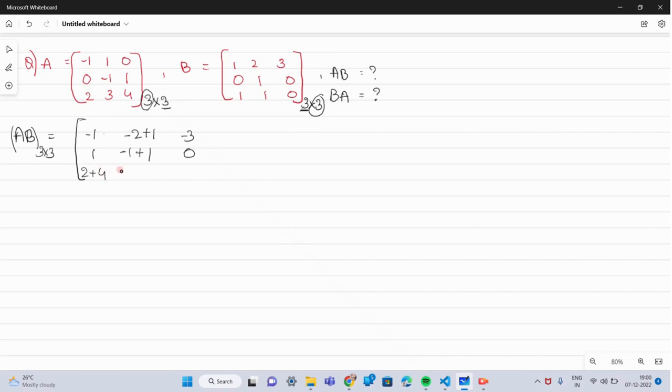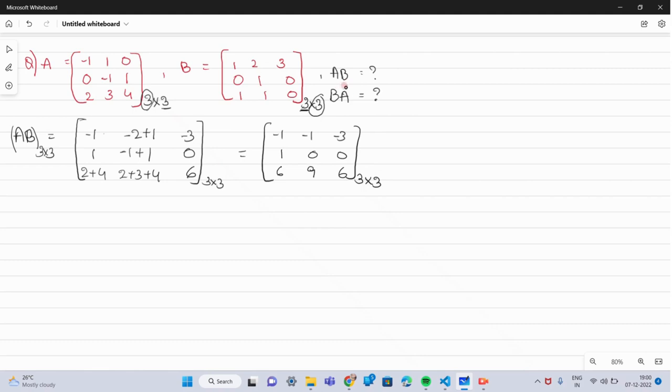Again with second column, 2 plus 3 plus 4. Next with third column it becomes 6. Of order 3 cross 3, which is nothing but minus 1, minus 1, minus 3, 1, 0, 0, 6, 9, 6 and 3 cross 3.